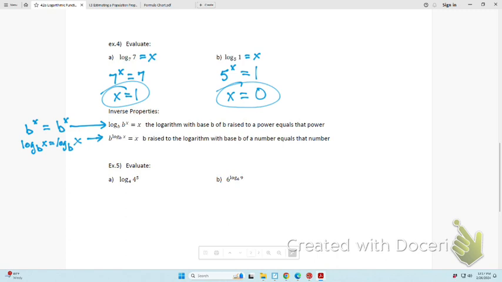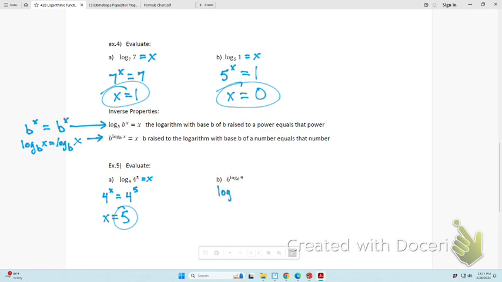So let's give it a shot. If I set it equal to x, 4 to the x equals 4 to the 5th. Or just cross out the 4's, and we know 5. Let's try another one.